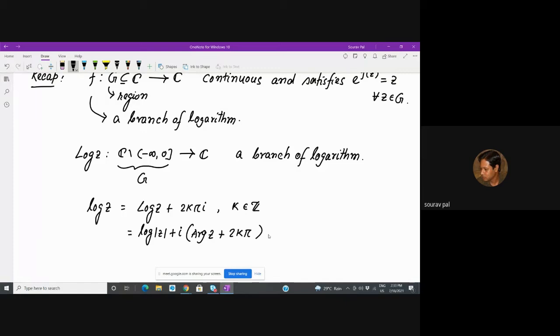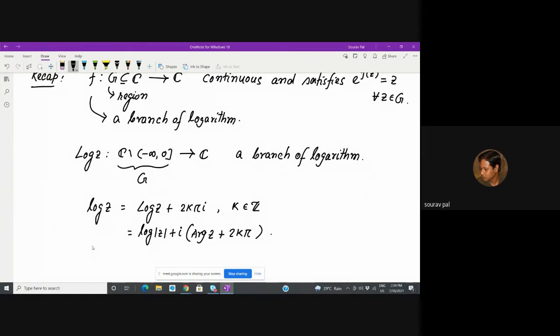So we know this. Now if you choose any integer k, if k is equal to 0, we have the principal logarithm, which is a branch of logarithm according to the definition. It is a continuous function, well defined, single valued, and it satisfies this equation e to the f(z) equal to z.